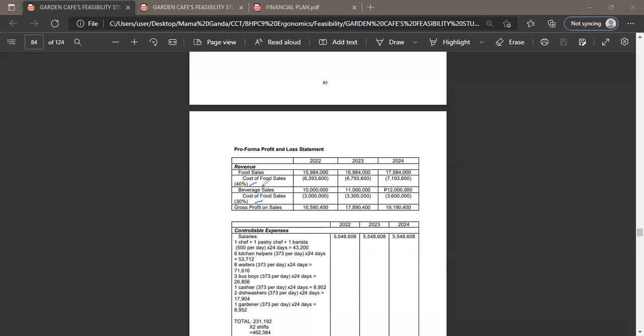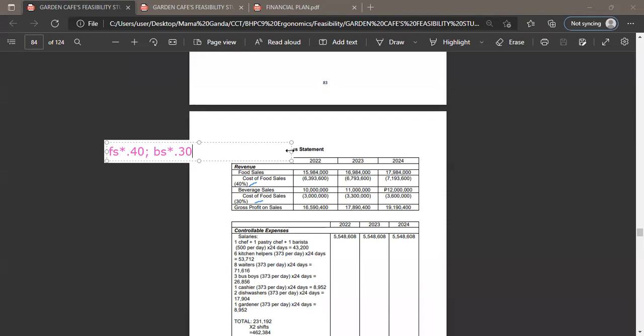Okay, so we need to get first the cost of food sales, in which the formula should be food sales multiplied by 0.40. And then for the beverage sales, multiplied by 0.30.